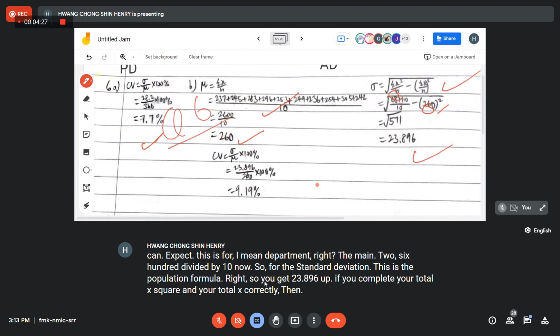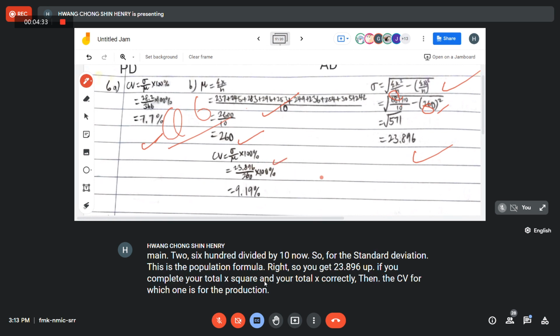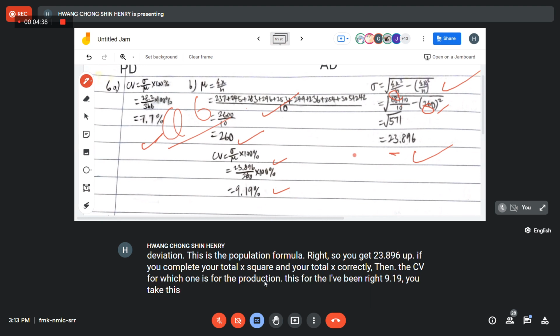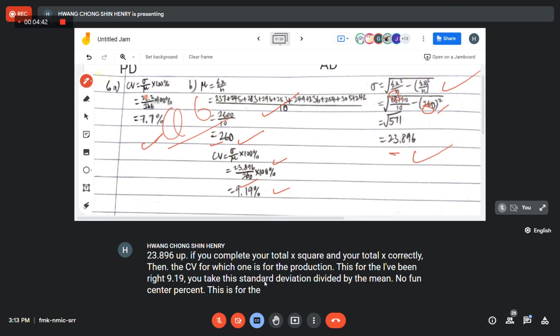Then the CV, which one is for the production? This is for the admin, right? 9.19. You take this standard deviation divided by the mean, times 100%. This is for the production, 7.7%.